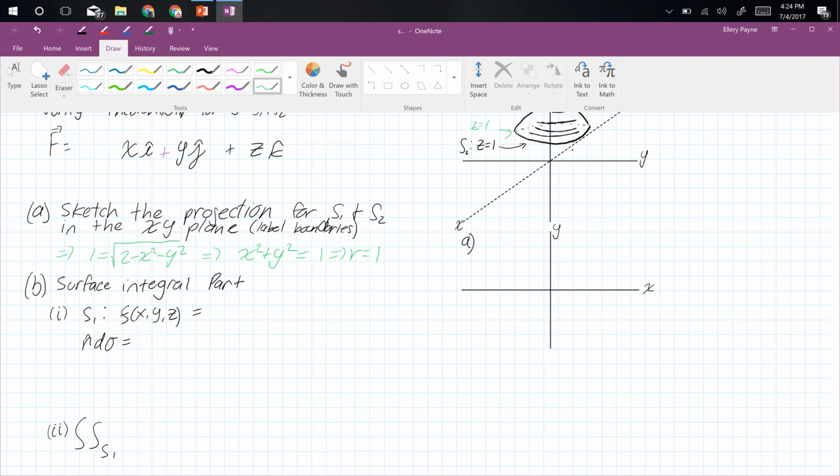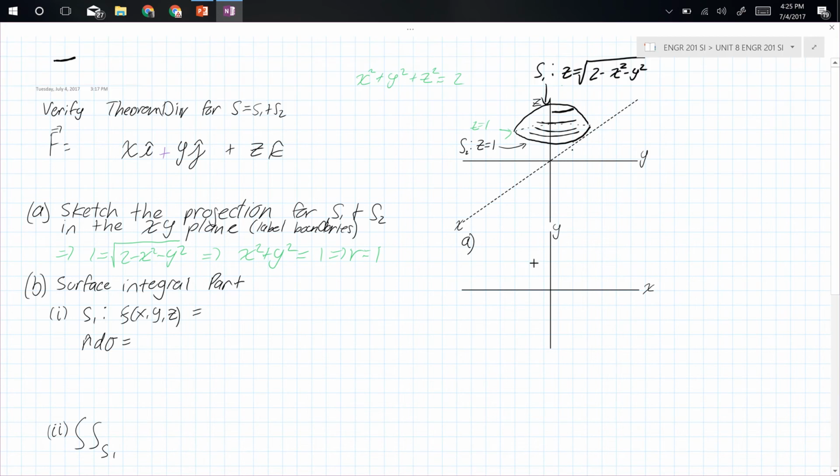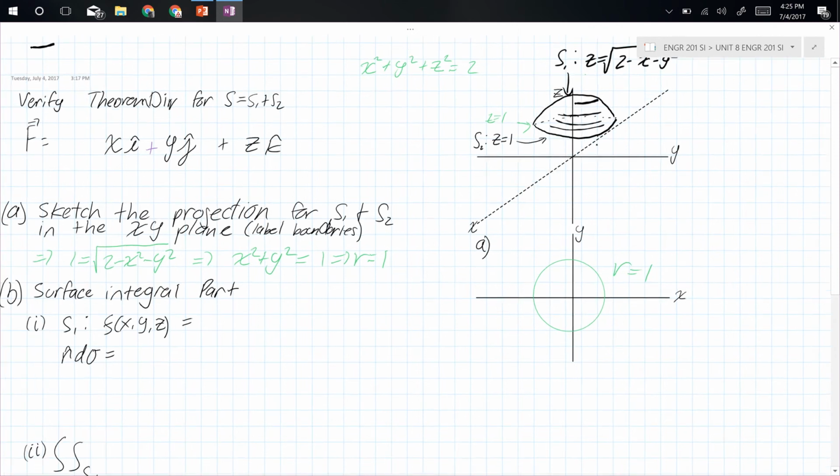So this is definitely a circle with a radius of 1. So this is what it looks like as a projection in the yx plane.